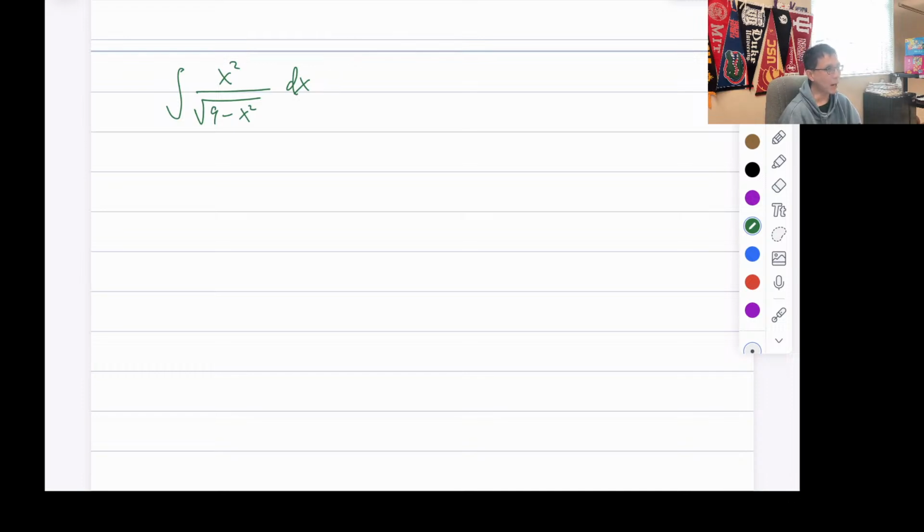If you get to power reducing, you're on the right track. Anybody got the power reducing? Okay, good.